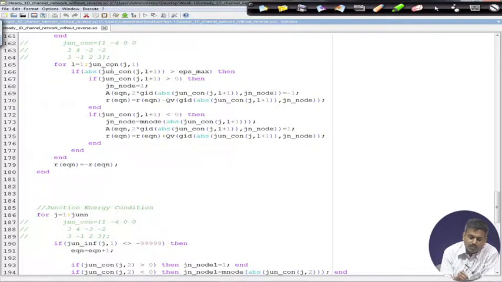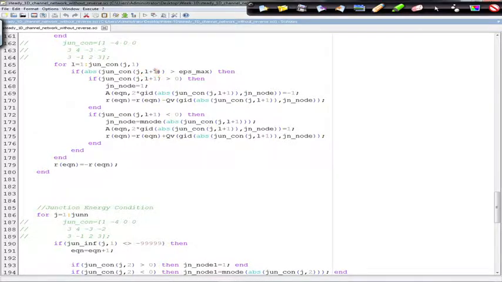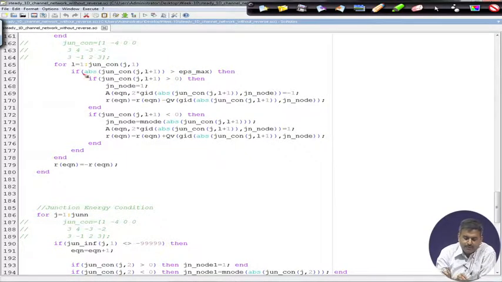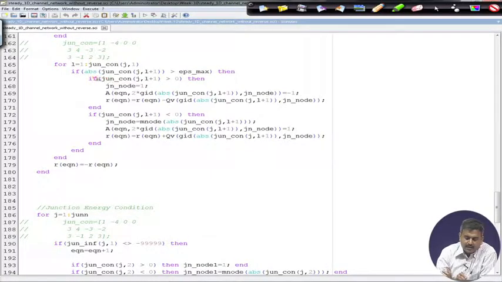So, starting from 1 to junction continuity J1, we have to check whether this junction continuity J, L plus 1, that means the next one, its absolute value is greater than epsilon max, because if it is 0, that means we do not have any connectivity there.